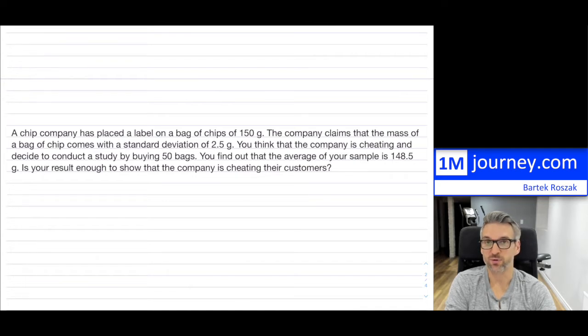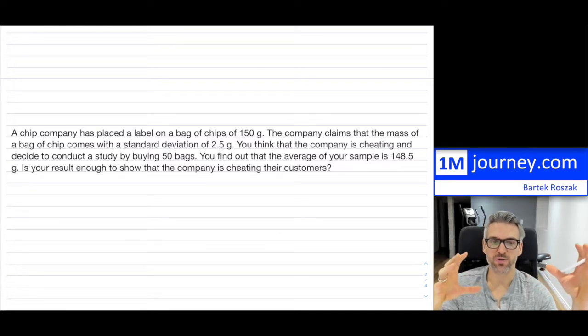And if we do take a sample, because obviously we can't measure all the different bags, let's say you bought 50 bags, and you get a result where your mean from the bags is actually 148.5 grams. So ultimately, this depends on what the probability is that we would have a collection of 50 bags and that their mean was 148.5.